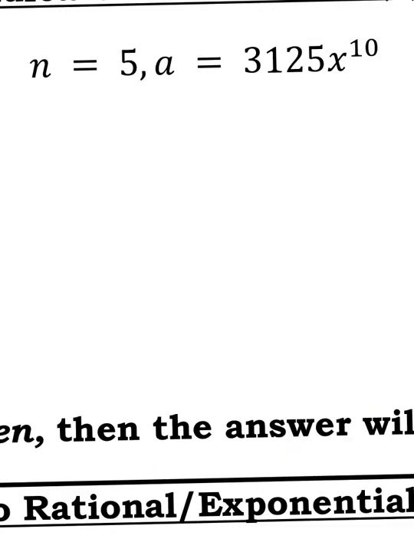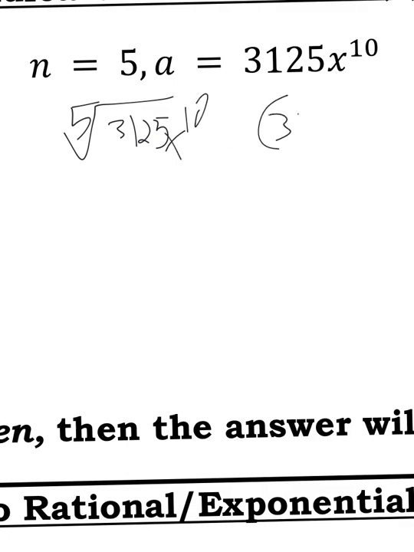So with number 2, if I'm going to write it in radical form, I'm going to take the fifth root of 3125 x to the 10th. If I'm going to write in exponential form, I'm going to raise 3125 x to the 10th to the 1/5 power. Like I said, just throw a 1 over it, and that's how you know it's going to be a root.